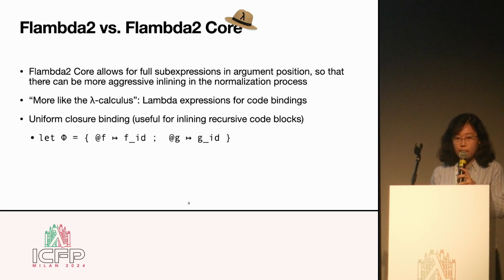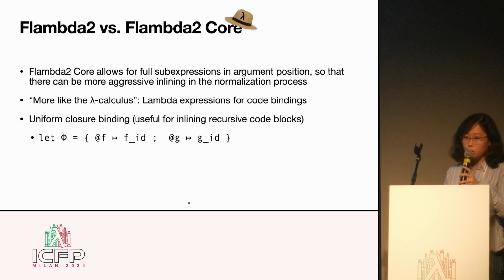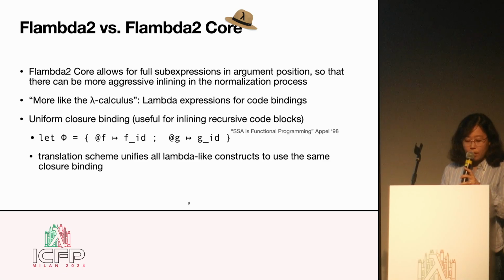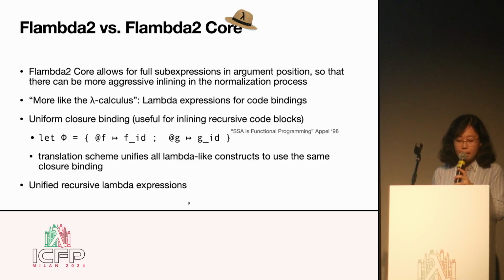And we have unified these closure bindings so that we have a simpler normalization process. And as I've said, the translation scheme unifies all lambda-like constructs to use this same closure binding, and this makes the treatment of recursive terms a bit simpler.